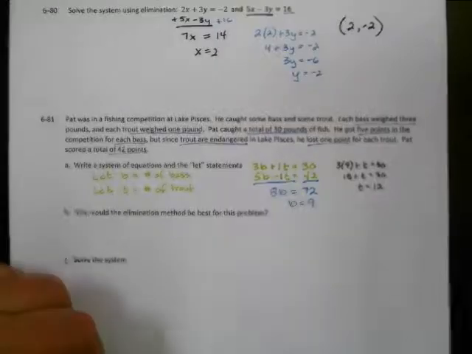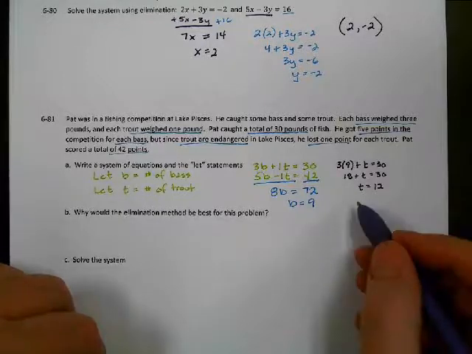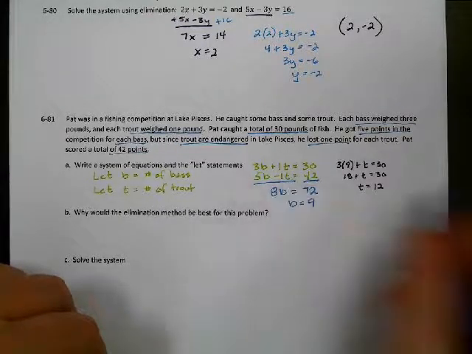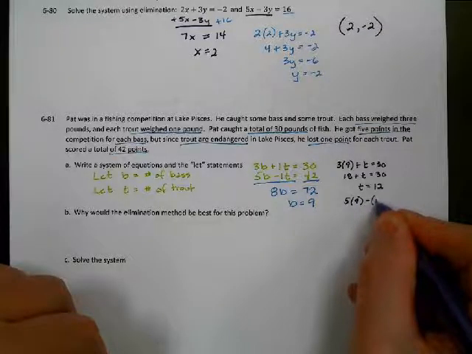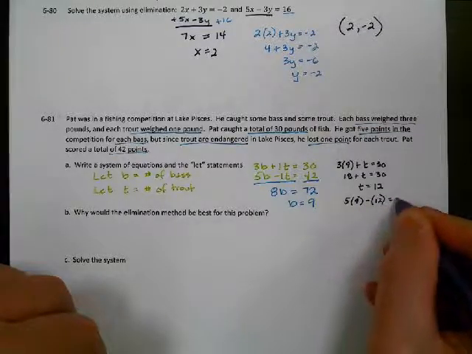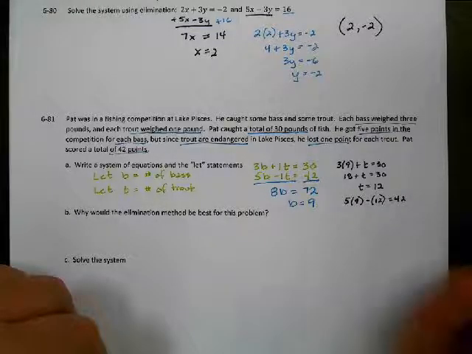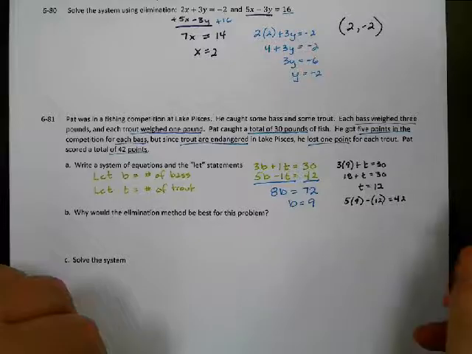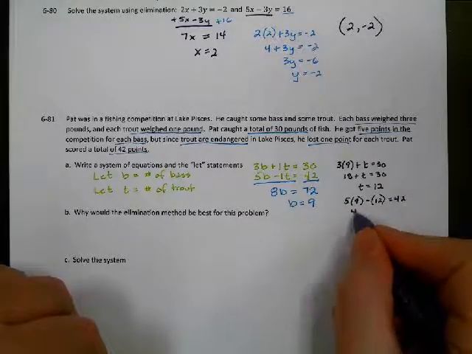Anyways, now to double check our answer, we would plug it into this other one here. 5 times 9 minus 12, does that equal 42? Okay, 5 times 9 is 45 minus 12.